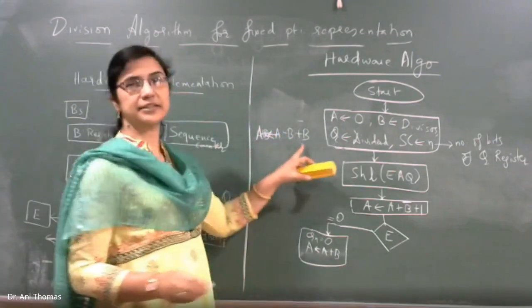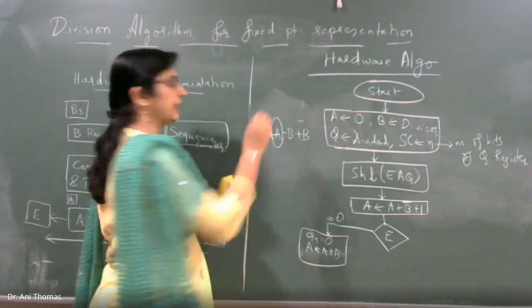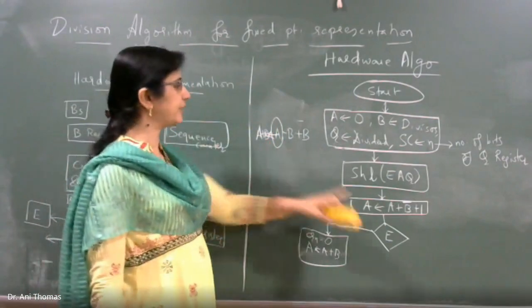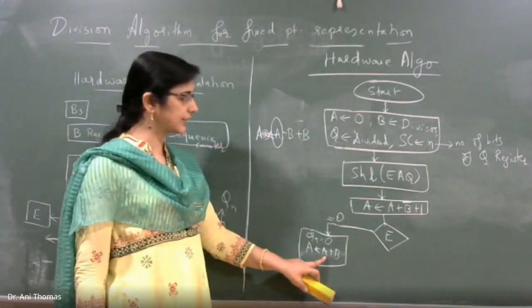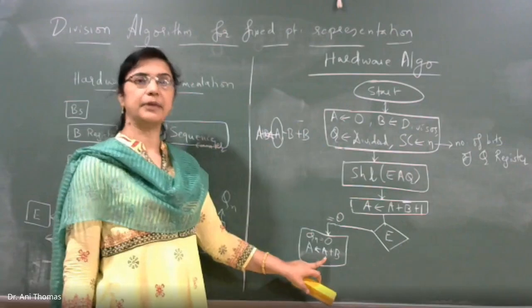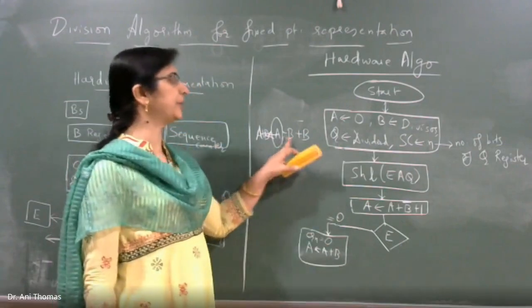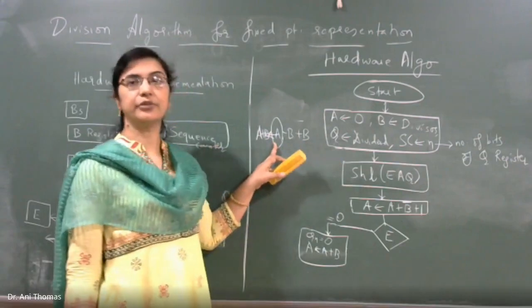A minus B plus B means A's value will be restored as it is. Here A minus B is already done, plus B, when we do, this B and this B get cancelled, and we are restoring the value of A.